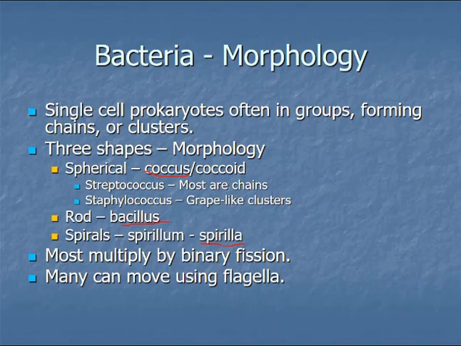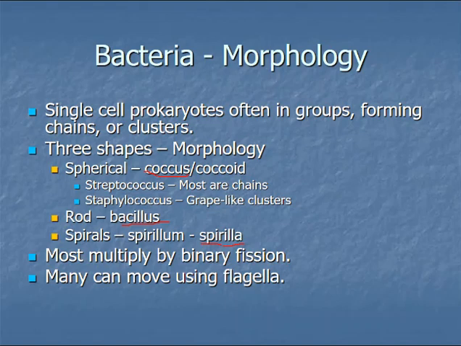These come in chains and clusters for the most part, but you'll see some that are individual. You'll see some that are diplococci, which is 2 cocci connected. So we'll see these in some different arrangements, pretty common. Then we've got our rods, or bacillus, which are rod-shaped, and then spiral-shaped, or spirillum.